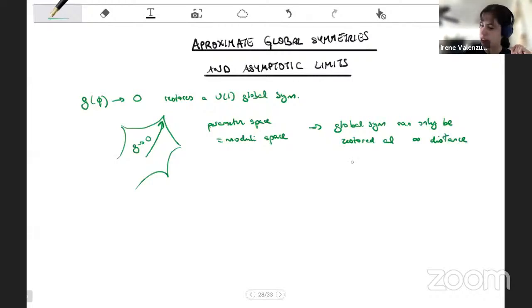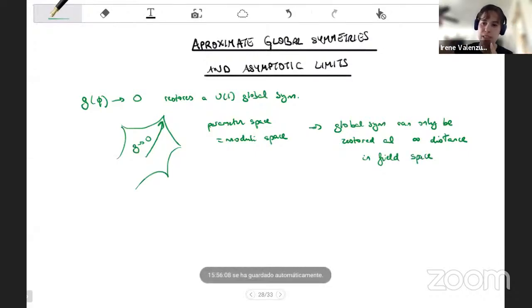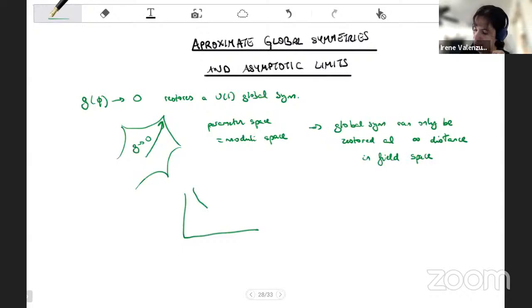Tomorrow we will start discussing what the physics is in these limits when you try to approach these infinite distance limits in field space. We'll see that the cutoff of the effective field theory goes to 0 as you try to engineer some global symmetry.